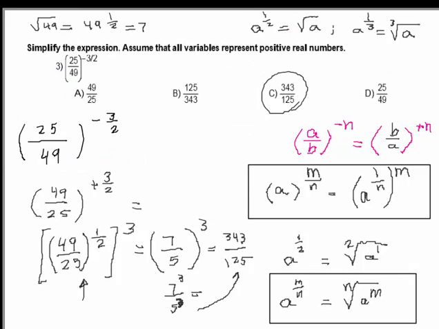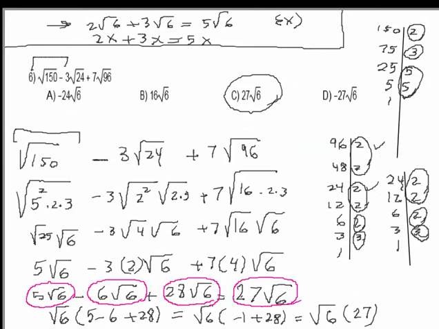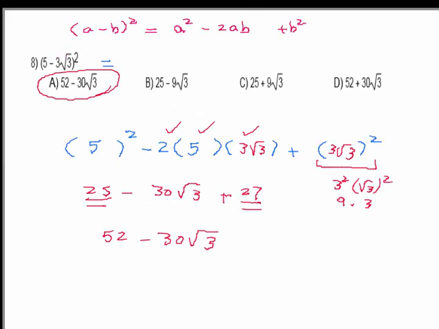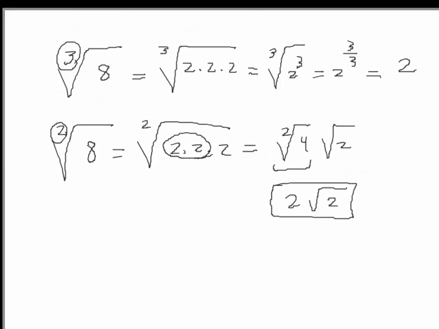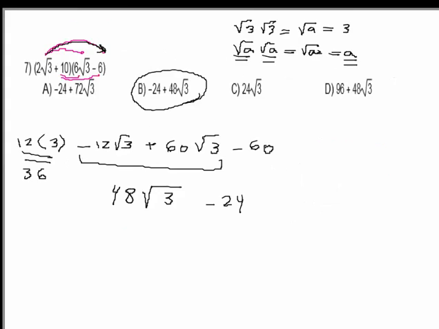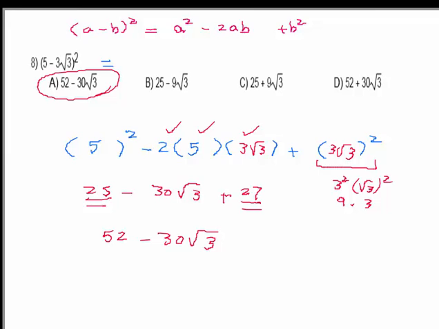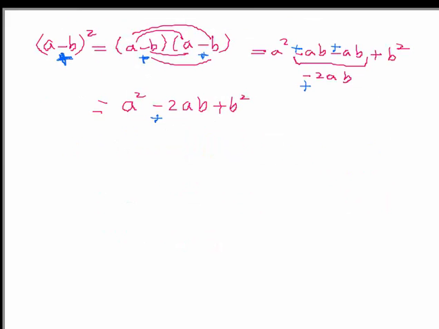Yeah, here you go. With 2ab, we did it up here. Remember, a minus b squared is a squared minus 2ab plus b squared.